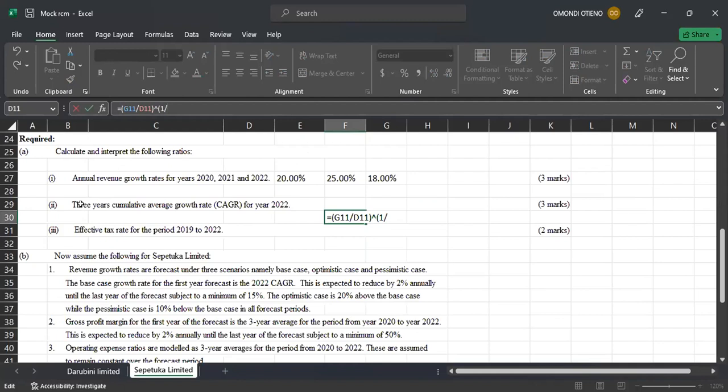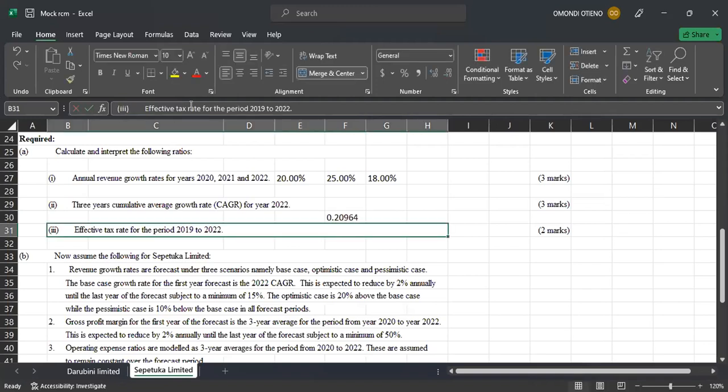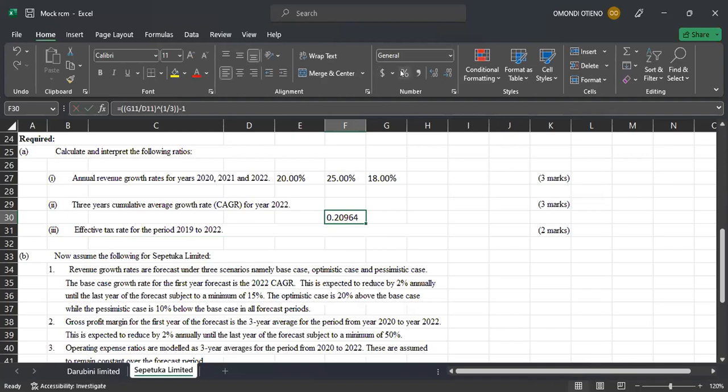It is 3 years, minus 1, equals. Enter that. So if you convert that to percentage, you're getting 21 point something, 20.9 something. Thank you so much.